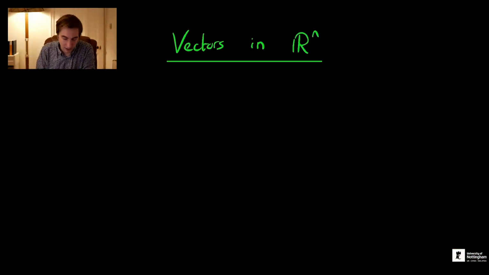Rn. So I've written our title here, and we want to create a definition for what we mean by vectors in Rn. What does it mean by a vector in Rn?